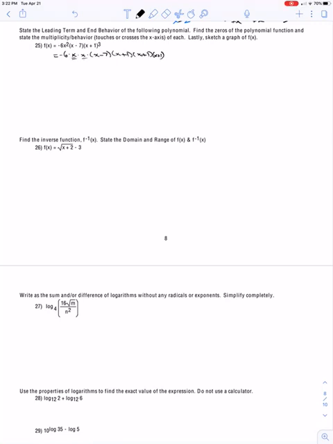If you look at this, what's the degree of this polynomial? We've got 6 linear factors. Remember, if we have 6 linear factors, we have a degree 6 polynomial.